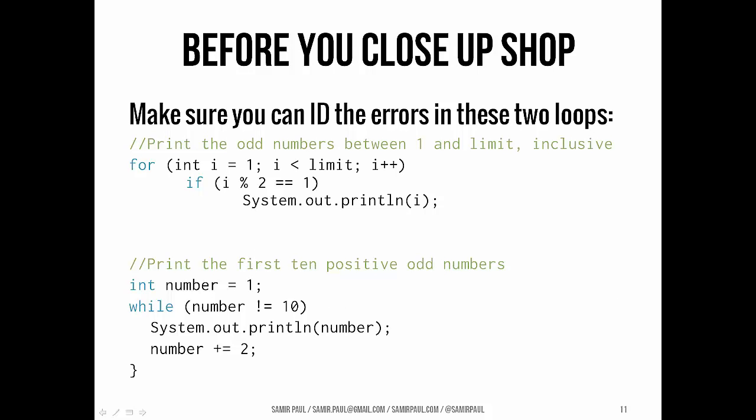So to sum up, if you've written a loop and you think there's some kind of logic error, you want to read through your code and figure out whether or not you've made a mistake with variables being initialized correctly before you enter the loop, making sure that you have a good terminating condition that's going to stop the loop at the right time, making sure that everything in the body is correct and working the way you intended to, and finally making sure that the update statements are in the right place and they're behaving the way you had intended.